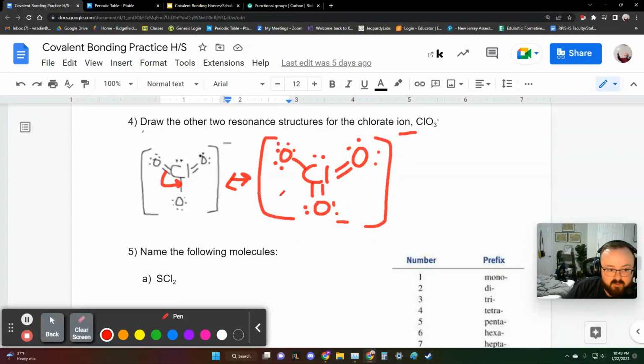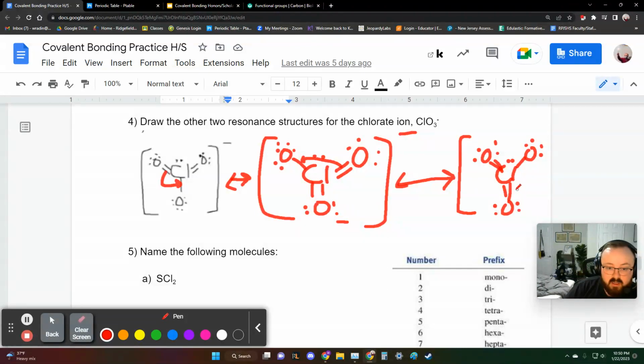And we like to draw these arrows in between them. And in our final one, our single bond is going to go onto this oxygen right here. And we end up with something that looks like this. Don't forget these 2 valence electrons. You really just want to make sure that everything else stays the same, and that all your atoms still have the same amount of electrons as they did.